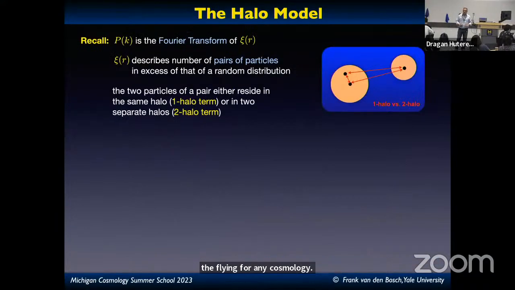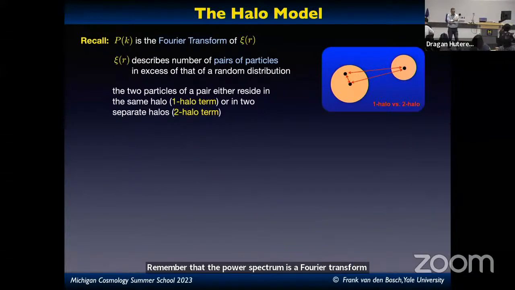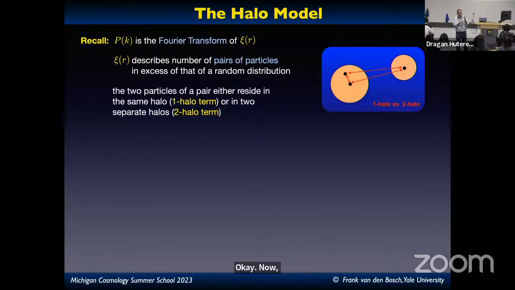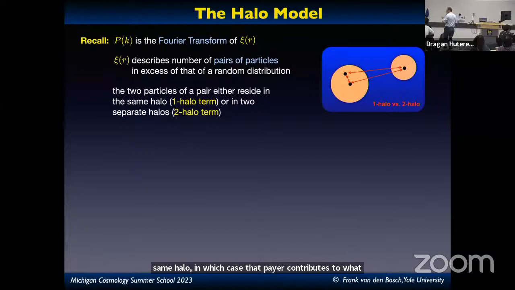How do you do that? Well, I'm not going to go into the details, just very briefly. Remember that the power spectrum is a Fourier transform of the two-point correlation function. The two-point correlation function describes the number of pairs of particles. Now, two dark matter particles can either be in the same halo, in which case that pair contributes to what we call the one-halo term of the power spectrum, or the two dark matter particles can be in two different halos, in which case that pair contributes to the two-halo term of the power spectrum.